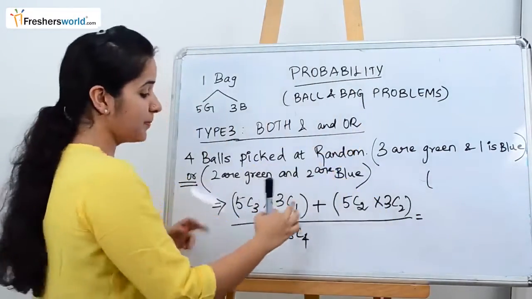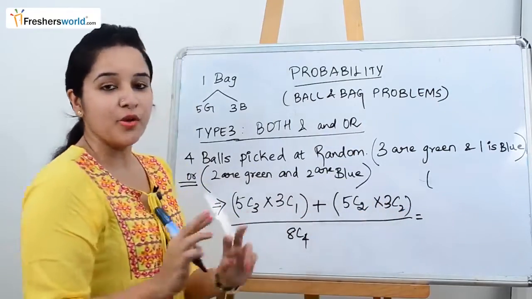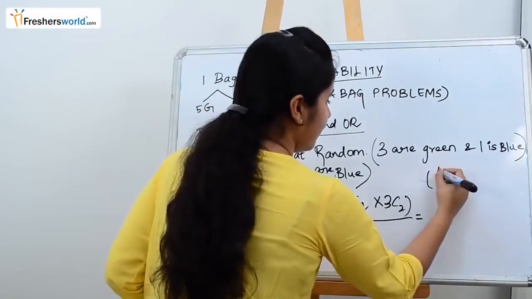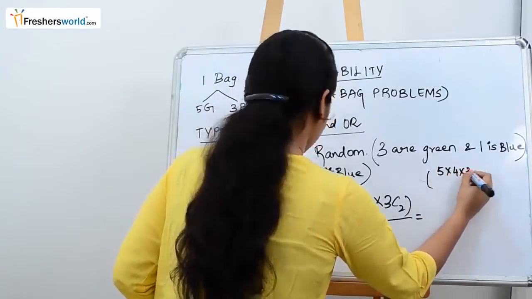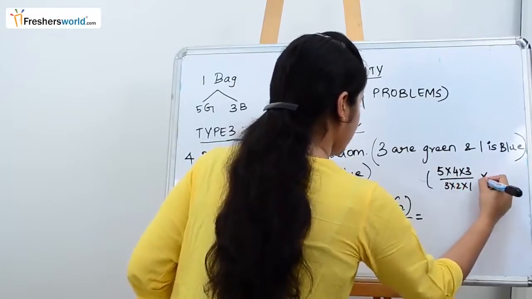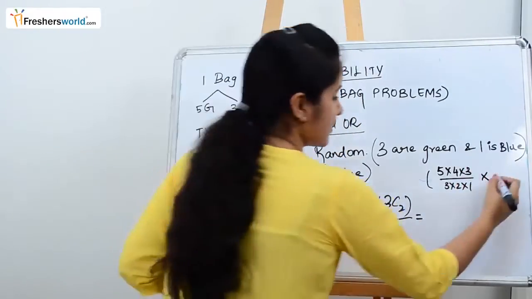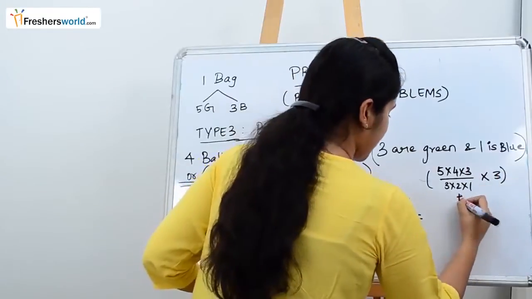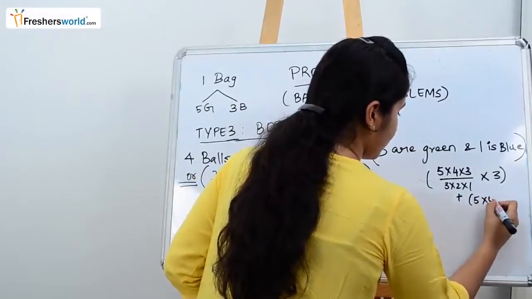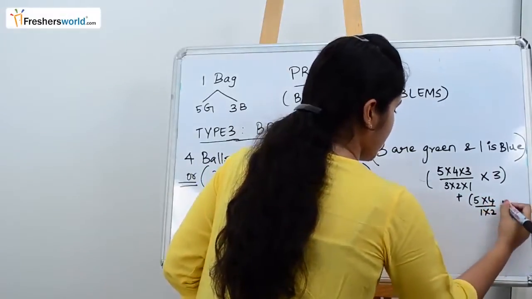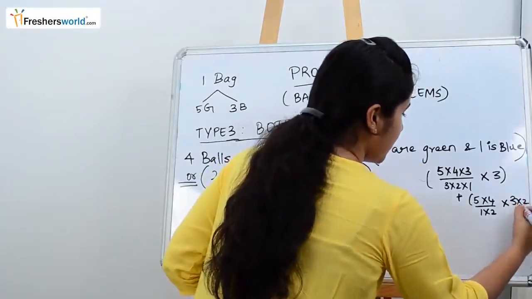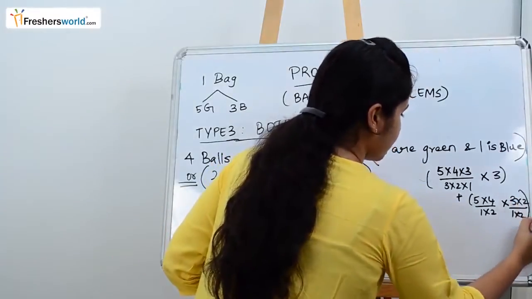Always remember, you put the bracket in the correct end or else your answer will be different. So 5C3: 5 into 4 into 3 divided by 3 into 2 into 1, multiplied by 3C1, which is nothing but 3, plus 5C2: 5 into 4 divided by 1 into 2, multiplied by 3C2, which is 3 into 2 divided by 1 into 2.